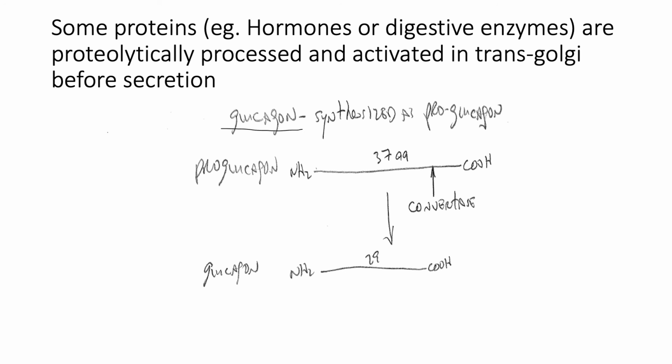So the convertase cuts the proglucagon, leaves a little bit off the end that gets degraded, and then the 29 amino acid peptide or protein is the active glucagon, and that of course will fold up appropriately, and then it would get released from the cell by the fusion of the clathrin-coated vesicle that it would be in.